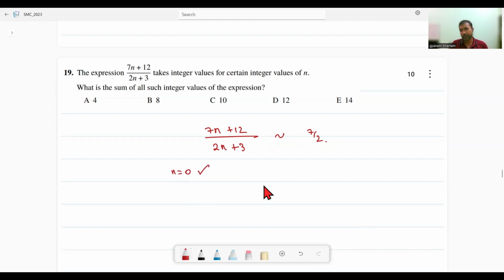Which is 4. Next, write 7n plus 12 by 2n plus 3 equal to I. No, let's divide it, which is 7 by 2 times actually.